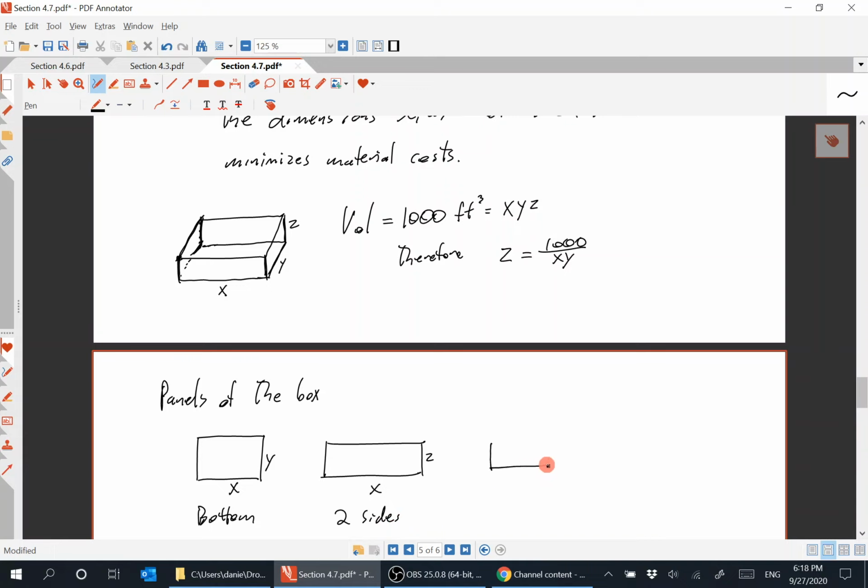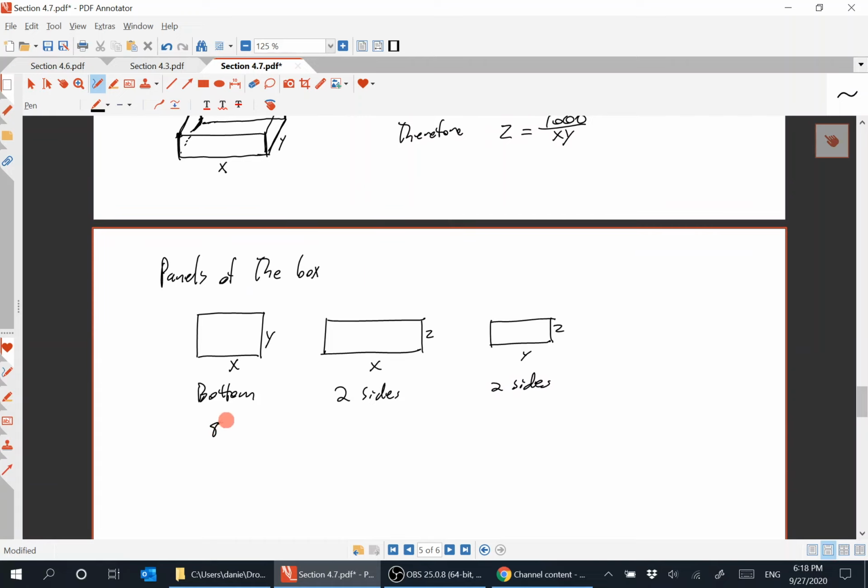And you've got two sides, y times z. Right, this stuff costs $8 a square foot. This stuff costs $5 a square foot. And this stuff costs $5 a square foot.